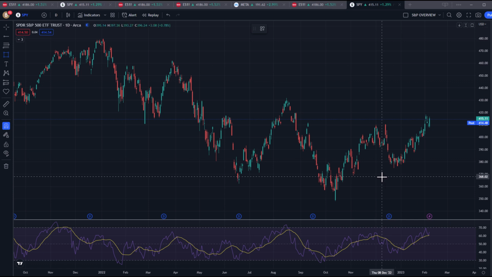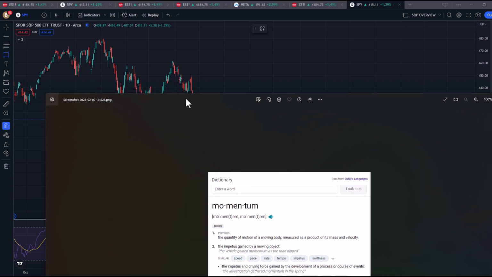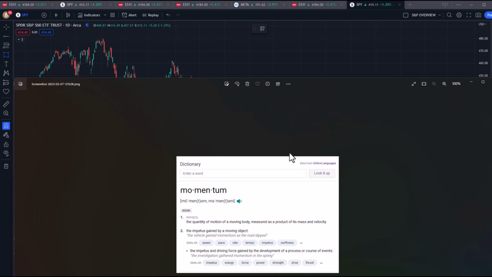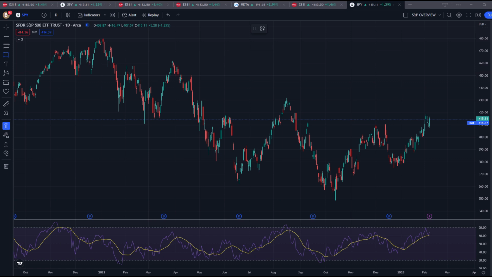And that something is momentum, because this is a momentum indicator. When we look up the word momentum, what we get is the quality of motion of a moving body measured as a product of its mass and velocity. Based on those two things combined, the RSI is telling you the health of the momentum of the movement you're seeing. Nowhere in there is it going to tell you where the market's pivoting.